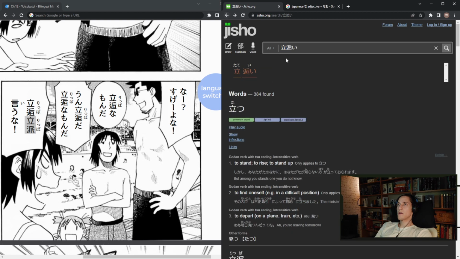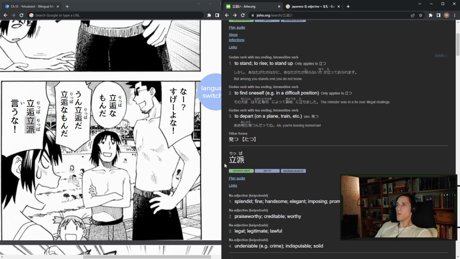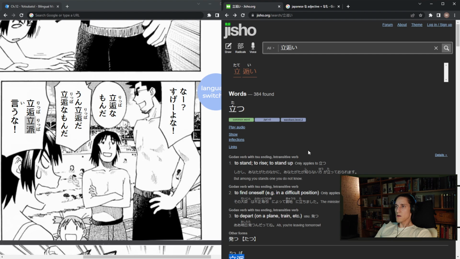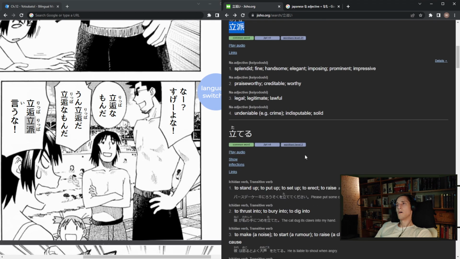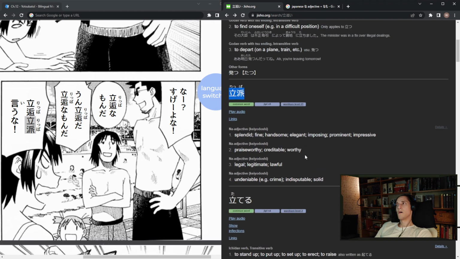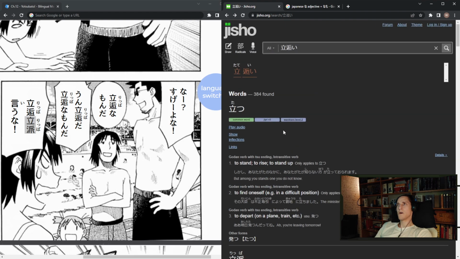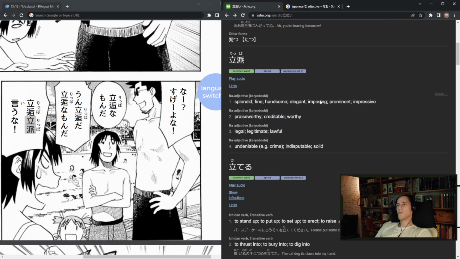What? Oh, wait. So in the dictionary, it is with this kanji. Huh? What?